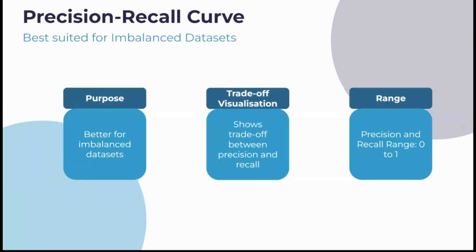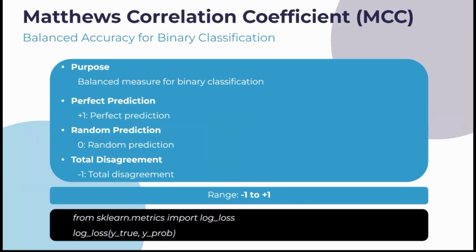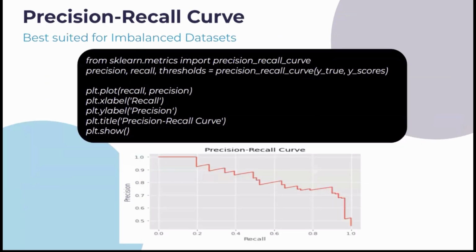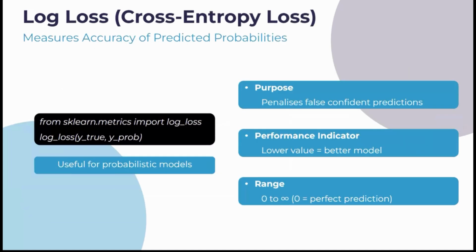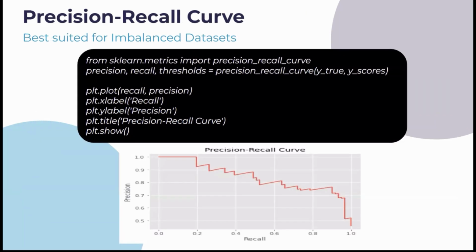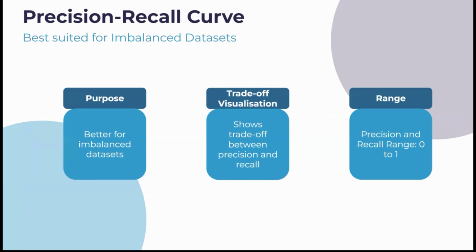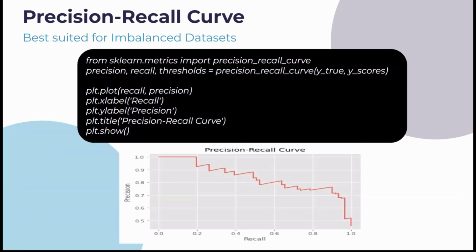The title mentions KNN, but I think it's evaluation with respect to log loss functions. Let me check which model we are working upon here.